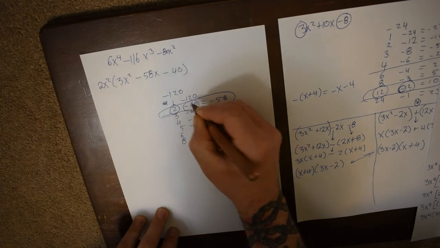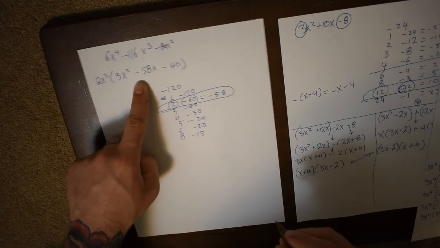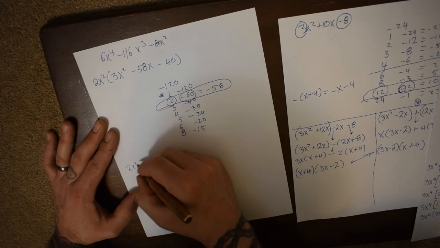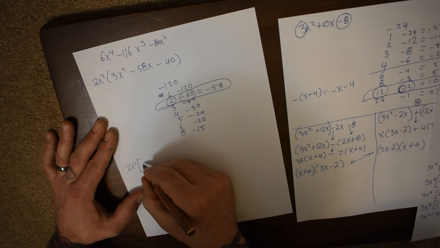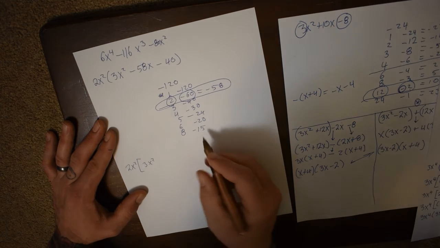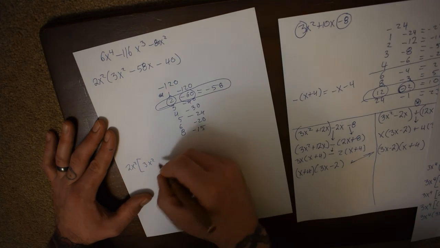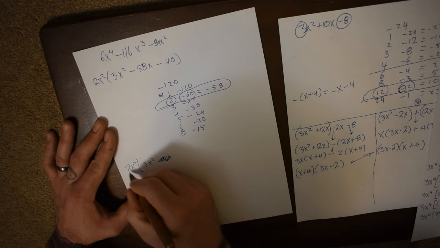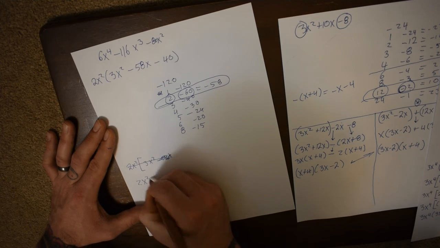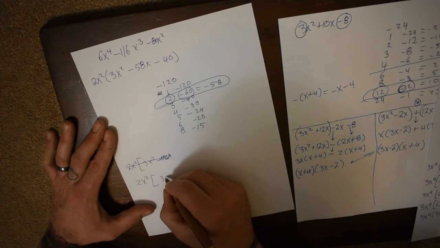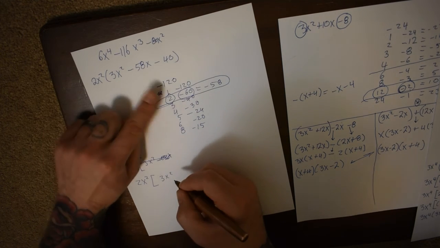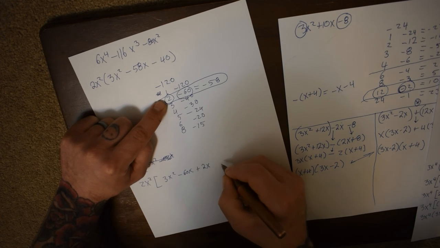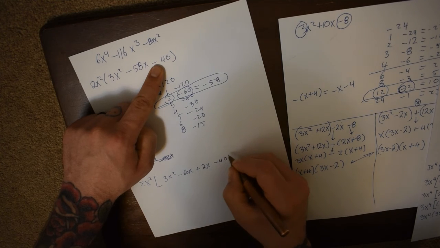So we can rewrite this in one of two ways. I'm going to recommend you rewrite it in the following way. I like to put brackets at this point. 2x squared, bracket, 3x squared, and I like to put the negative number first: minus 15. Now we write negative 60x plus 2x minus 40.